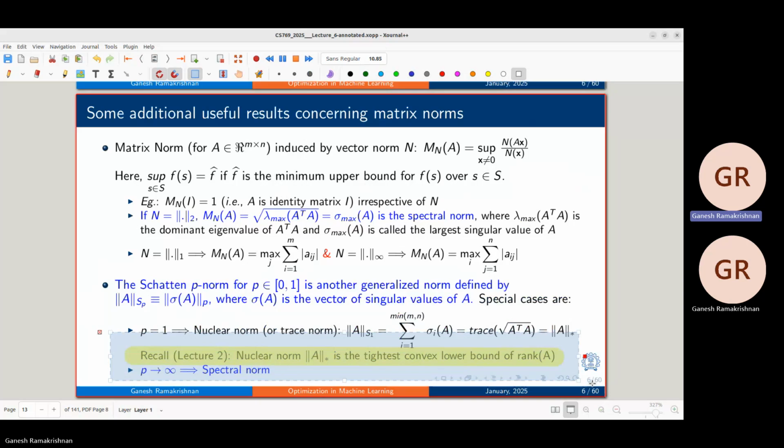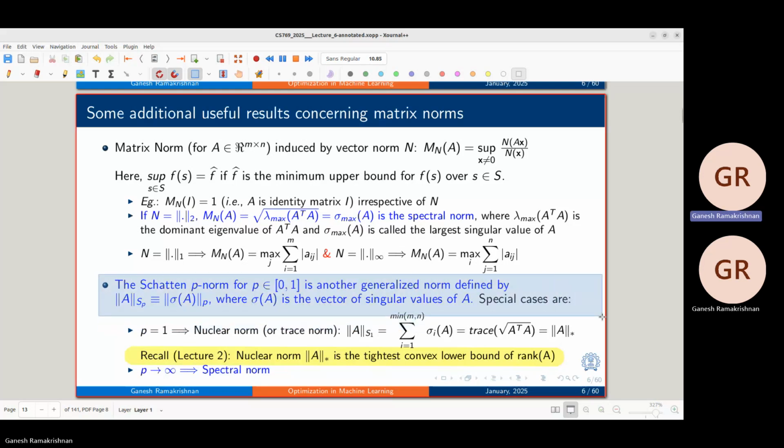Another way of looking at the spectral norm, which is the max singular value of A, is by looking at the pth norm of the vector of singular values of the matrix A. If p is infinity, then it becomes the max singular value.